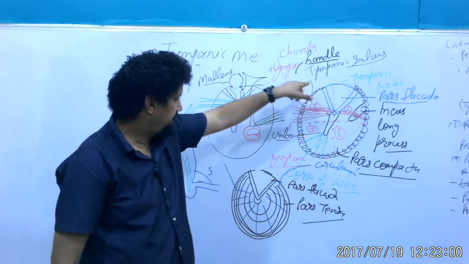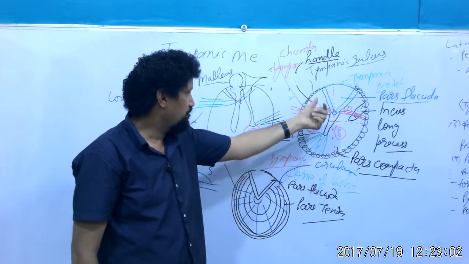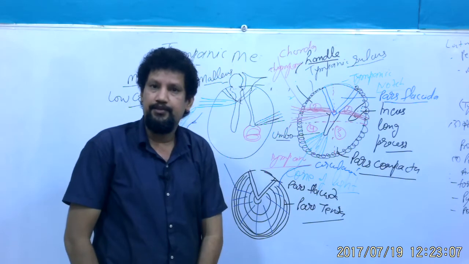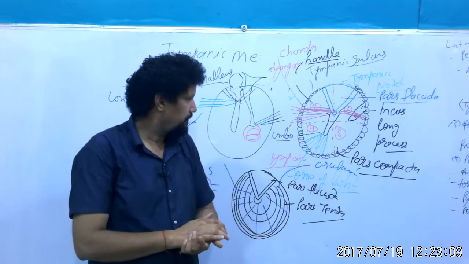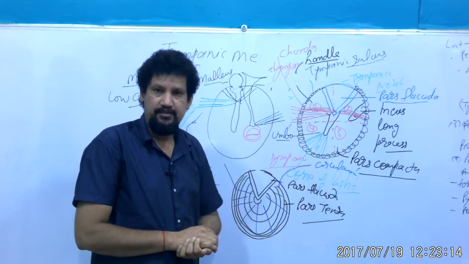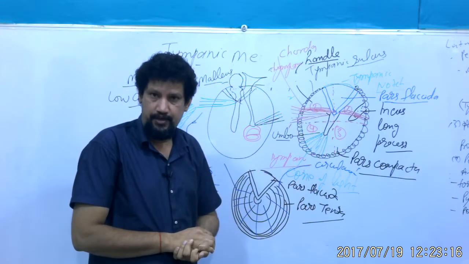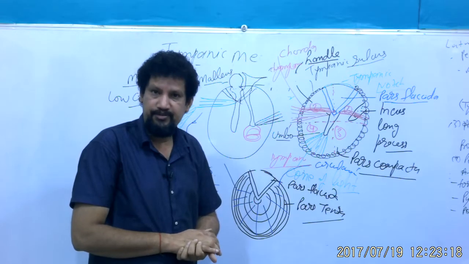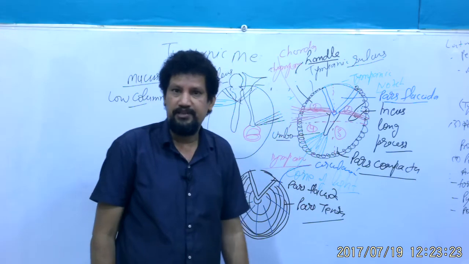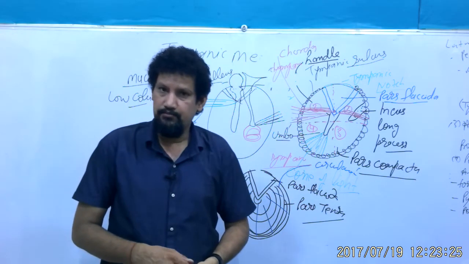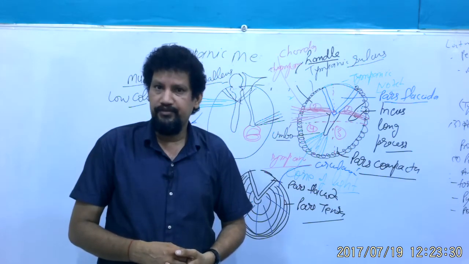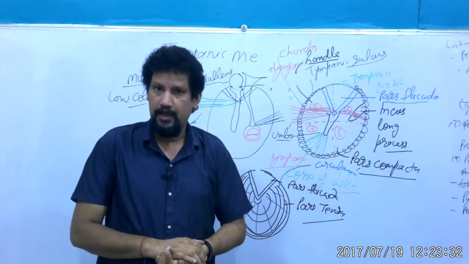So the inner part or anterior superior part of the tympanic membrane or eardrum is having the chorda tympani, which is bringing the taste sensation from the anterior two-third of the tongue of the same side, and also having preganglionic parasympathetic fibers for the submandibular and the sublingual salivary glands, which will relay in the submandibular ganglion.